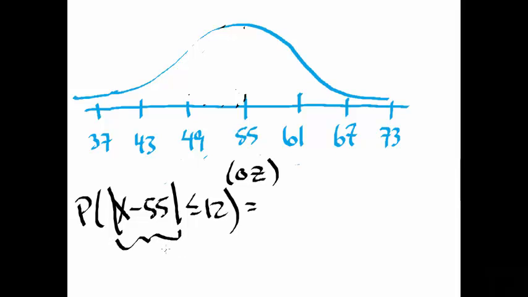This finds the absolute distance between these two things. So where can x deviate no more than 12 from 55? 12 up from 55 is right here, 67. 12 down from 55 is right here at 43. I want to know the chance that the distance between this random thing and 55 is no more than 12. That's the same thing as saying the chance that x is between 43 and 67.